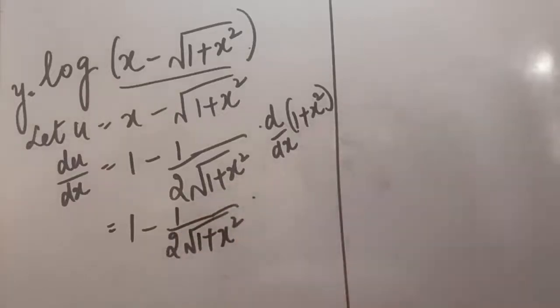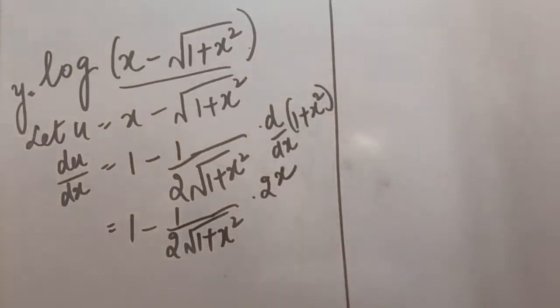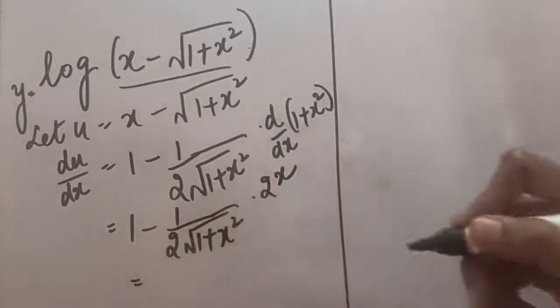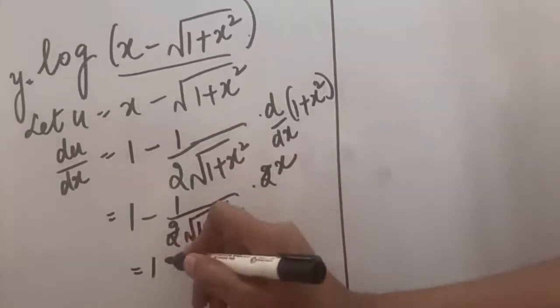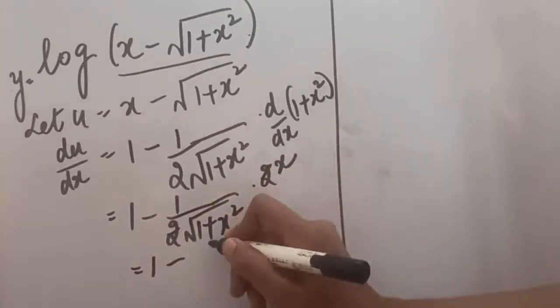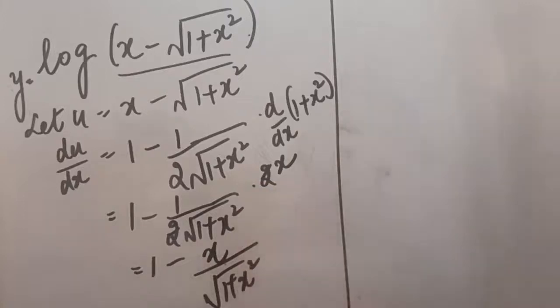Again the derivative of 1 will be 0 plus x square's derivative will be 2x. So ultimately, this 2 can be cancelled, so it will be 1 minus x divided by under root 1 plus x square.